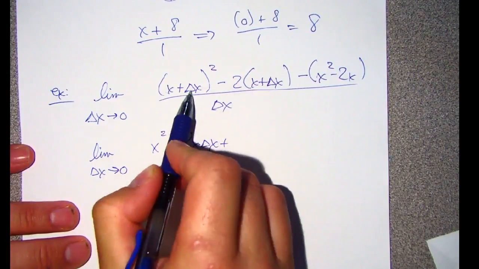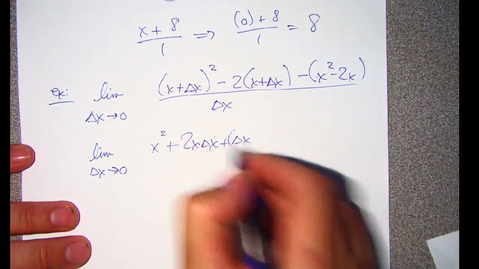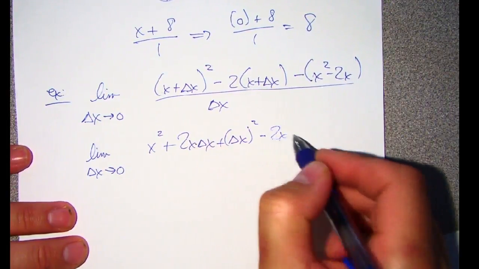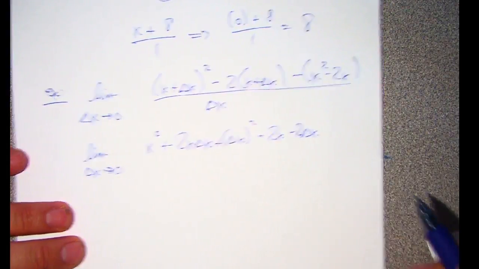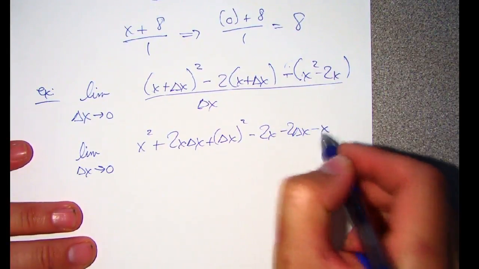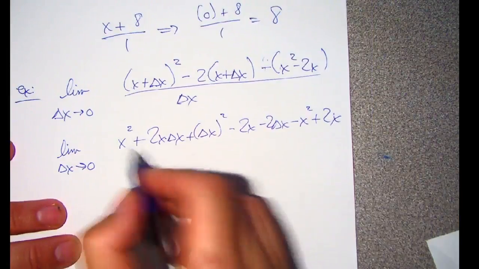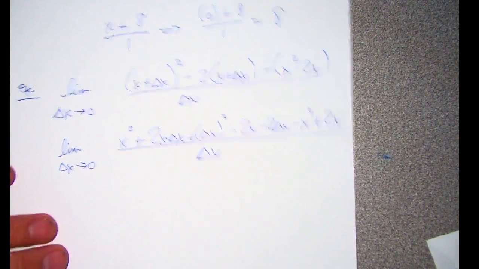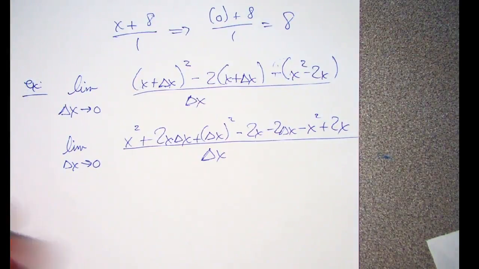And then we take the last term and square it. So delta x squared. Distribute here, so minus 2x minus 2 delta x. Distribute here, there's a negative 1 there we got to distribute through, so minus x squared plus 2x, all over delta x. And again, the magic happens now.